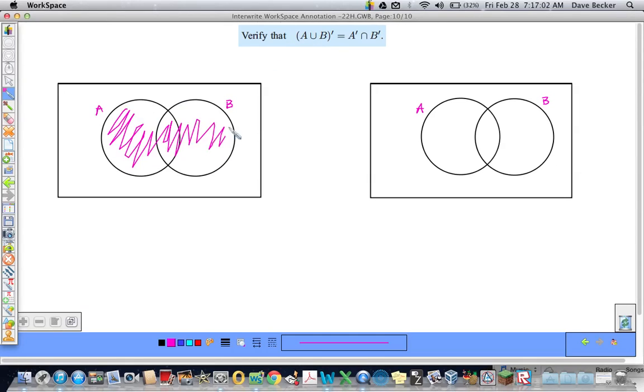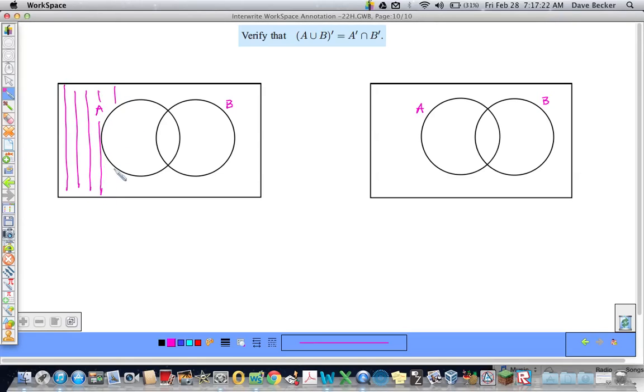It's all of it, right? Oh no, but it's not. A union B not. So this entire thing represents everything outside of A and B. So what I really need to shade is all of this stuff, huh? All of it, but not including anything within the circles.